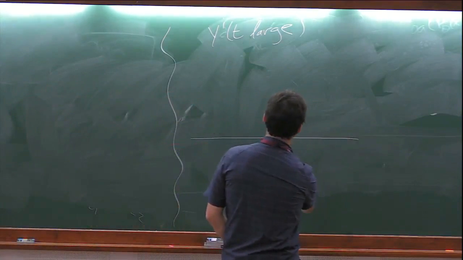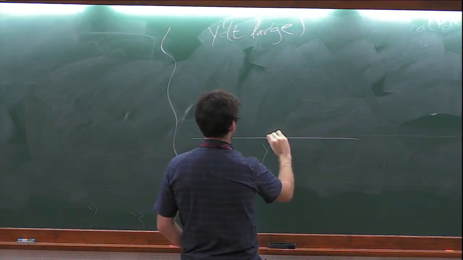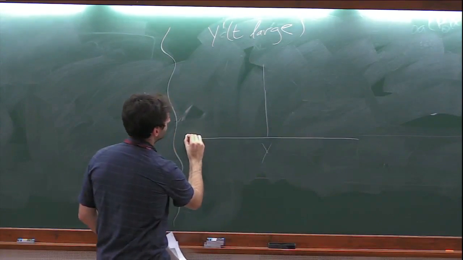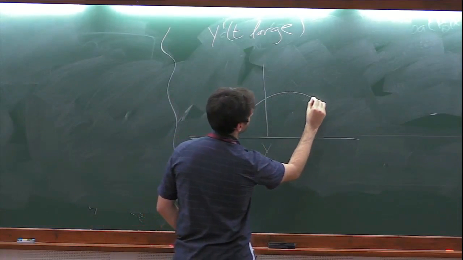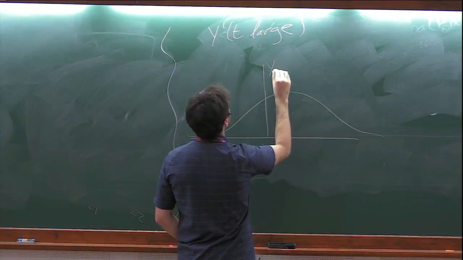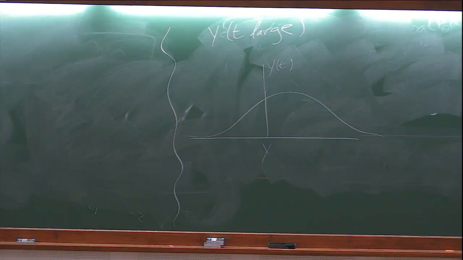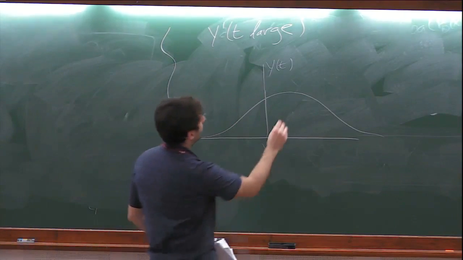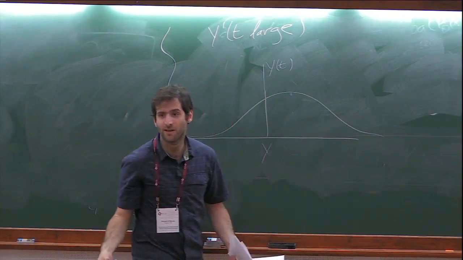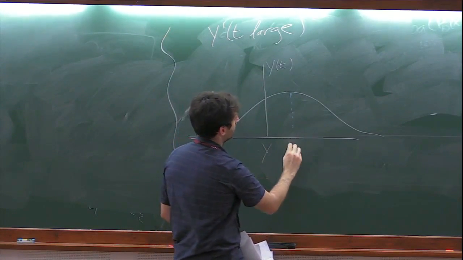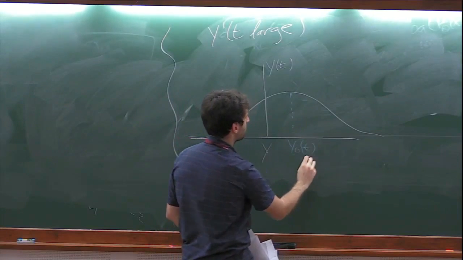So let me draw that. Here's y. Here's the origin here. Here's y of t here. I'm taking a not very specific continuum limit here. But I want to emphasize a few things. This Gaussian, I claim, has 3 parameters. So this is y naught of t.